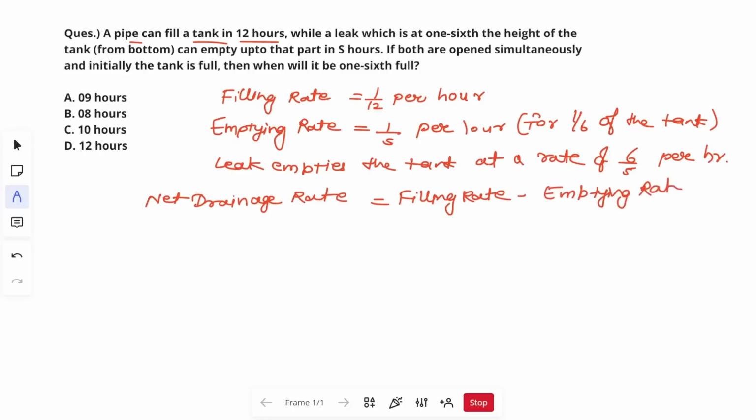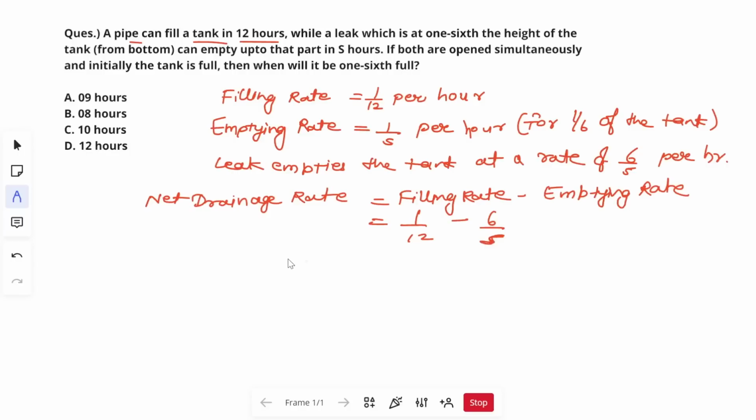Okay. So filling rate we have already found 1/12. Emptying rate is 6/s, right? Because see, we have told, right, 1/s per hour for 1/6 of the tank. So leak empties the tank at a rate of 6/s per hour. Okay. So that is why 6/s. This is s. Okay. Don't get confused.